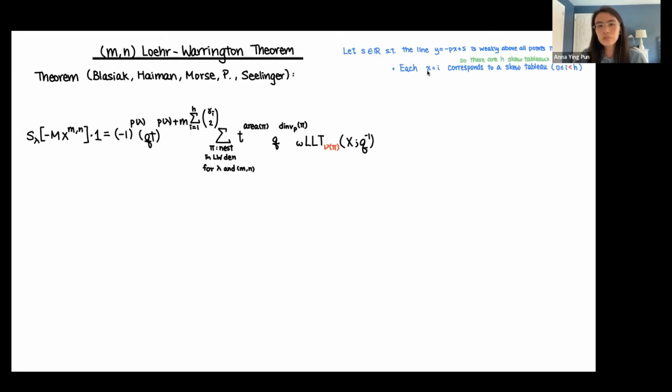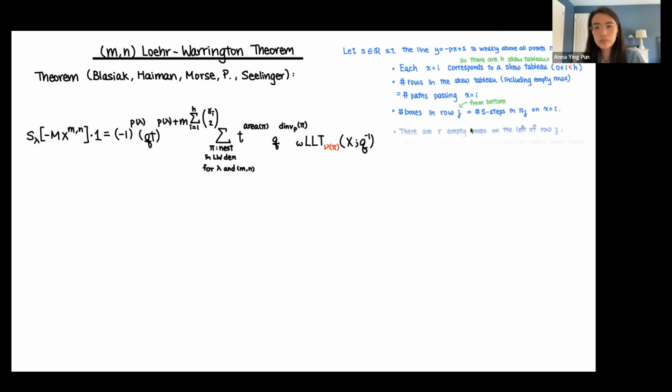So because our x-axis, if you remember, we draw this graph is from like the x coordinate is h0. So that's why there are h skew shapes. And then the number of rows in the skew tableau is the same as the number of paths passing through x equals i. Number of boxes in row j is the number of cell steps in pi j on x equals i. And this is starting from the bottom.